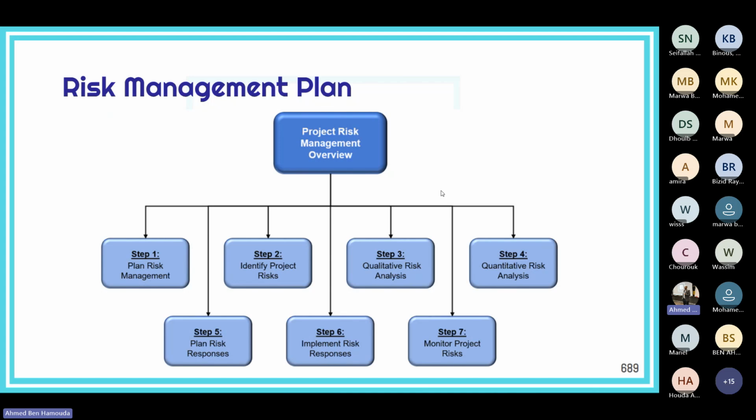And then in the risk management plan, of course you move on to qualitatively analyzing risks. We will see an overview of this later, and different techniques. And then once you have prioritized the risks, then you can move on with quantitatively analyzing risks.